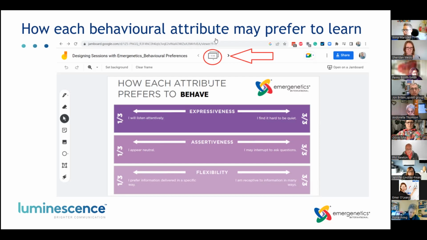And that is for expressiveness, room 1. Assertiveness, frame 3, will be room 2, and that's Emma, Gail, Jamie, Russell, and Sybil. And then room 3 will be the flexibility behaviour, and that's Caroline, Jasmine, Jennifer, Phil, and Vicky.